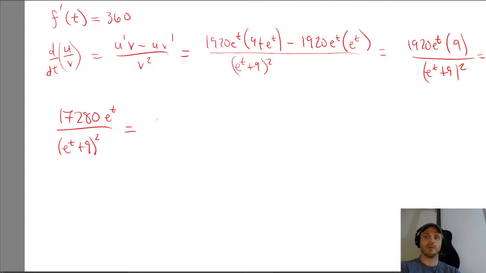We want to know at what time this is equal to 360. We're going to use that to find the weight at those times, or time. So what can we do here? Let's multiply both sides by the denominator. Yeah, so this will give us 17280 e to the t equals 360.